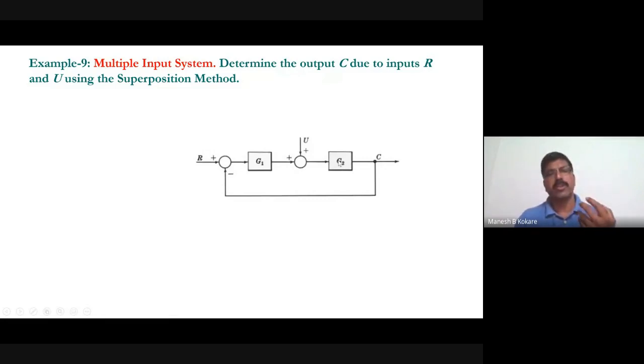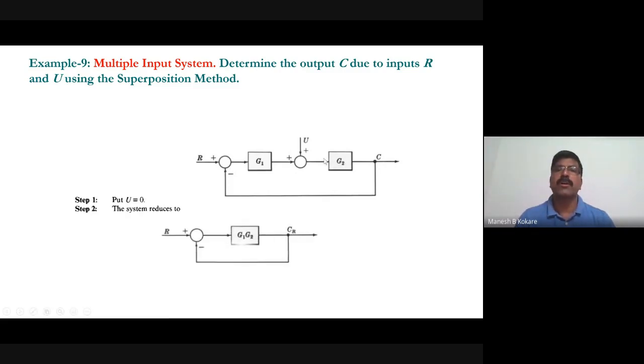So G1 G2 will be in a loop with unity feedback, and this is negative feedback. So G1 G2 divided by 1 plus G1 G2 into H1, which is here 1, will be equal to C by R, right? Are you getting? So see that, put U equal to 0 and the system reduces to what? If U equals 0, the summing point has no meaning, G1 and G2 will be in cascade, and this will be with a unity feedback.